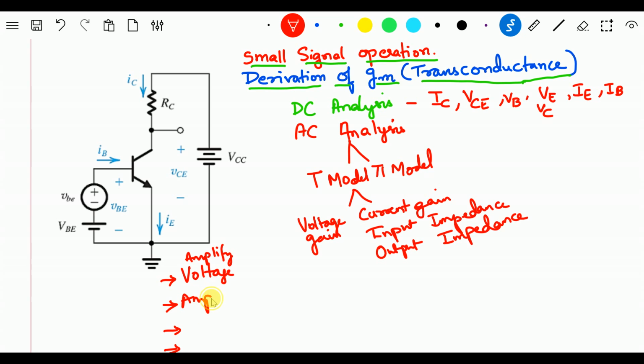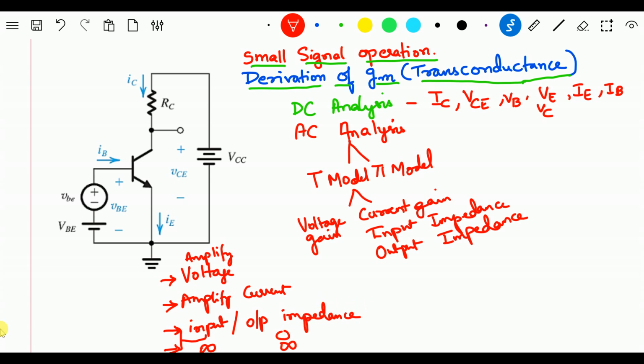The third is measuring input and output impedance. The fourth is also the same. Third and fourth are somewhat like maybe input infinity, output zero, or input zero, output infinity. So these measurements we do.